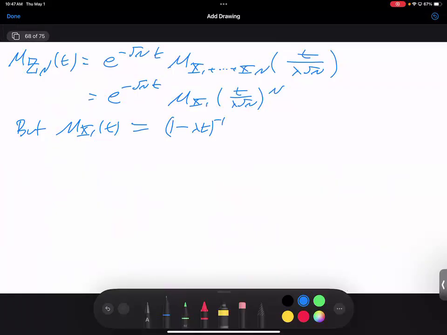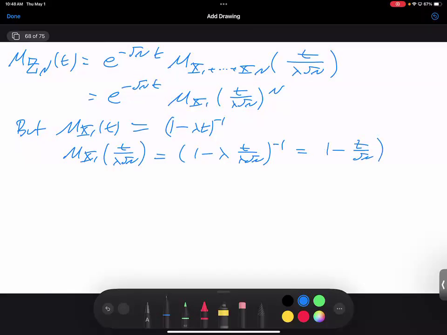Given how easy it is to make an algebra mistake, I'm going to go through it slowly. Let's just take the moment generating function, and we're going to evaluate it at t over lambda root n. So it's 1 minus lambda, and now t is just t over lambda root n, inverse. So this is just 1 minus t over square root of n, inverse.